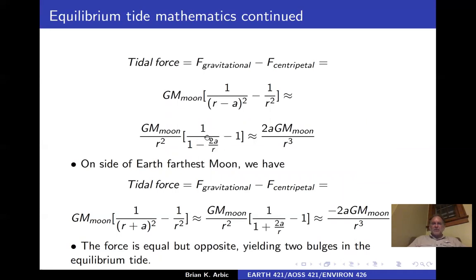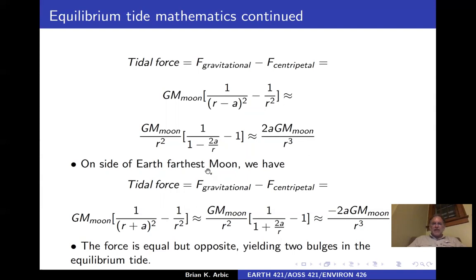Then what you use is the fact that again, a is much less than r. So this quantity here is much less than 1. So you use the fact that 1 over 1 minus a small number is basically the same as 1 plus that small number. So then this whole thing becomes 1 plus this, and 1 plus this minus 1 is 2a over r, and 2a over r times this gives you this quantity here.